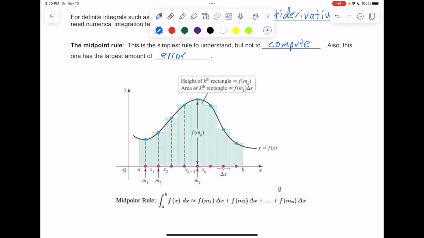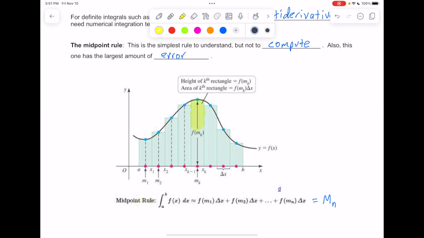But the idea is just to calculate, if you want the area from a to b of f of x dx, you could calculate an M sub n, where n is the number of rectangles that you would use. So we have a picture here showing the idea, and remember that when you're doing the midpoint rule for any given interval, let's go ahead and just highlight one of those intervals.